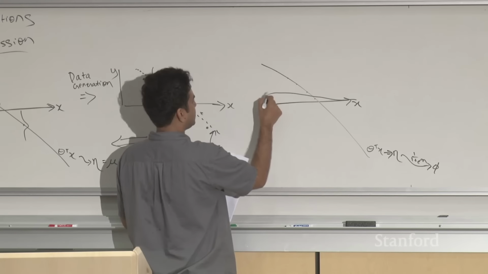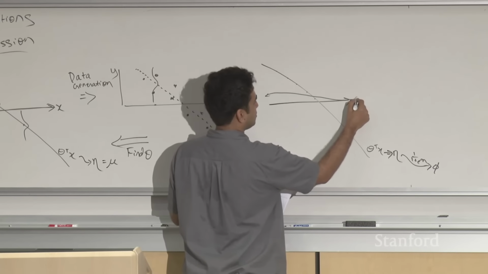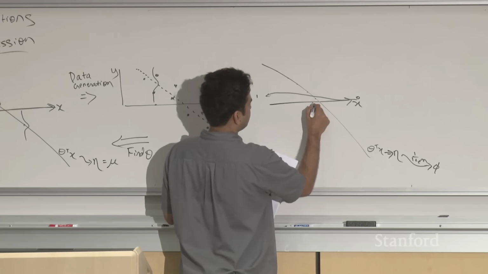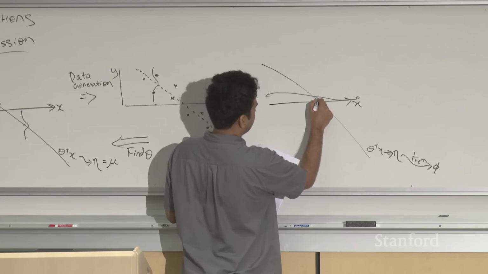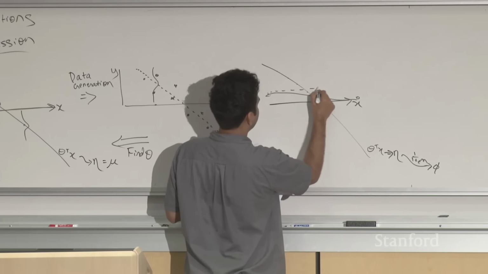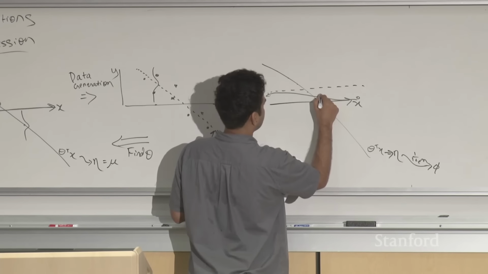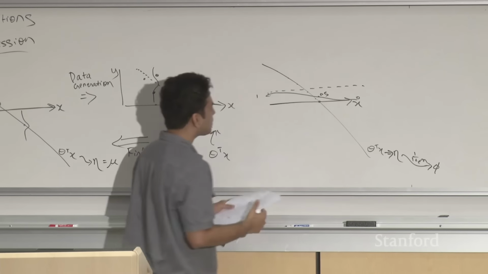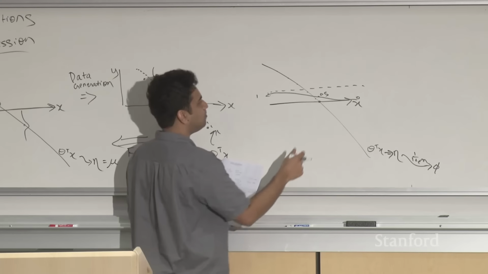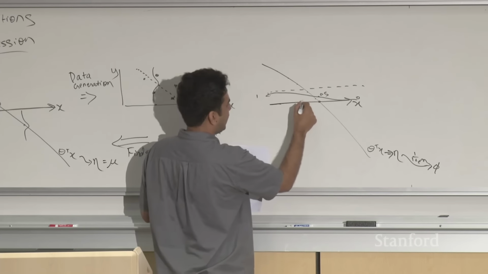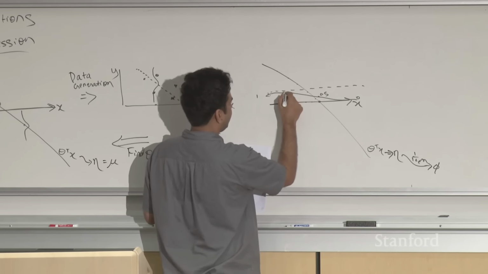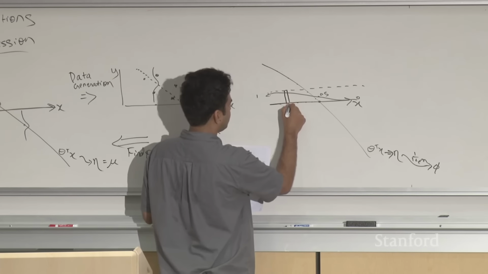So this tends to 1, this tends to 0, and at this point, when eta is 0, the sigmoid is 0.5. Now, at any given choice of x, we have a probability distribution.